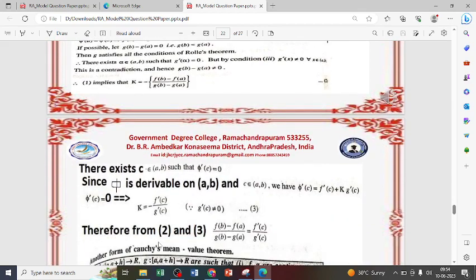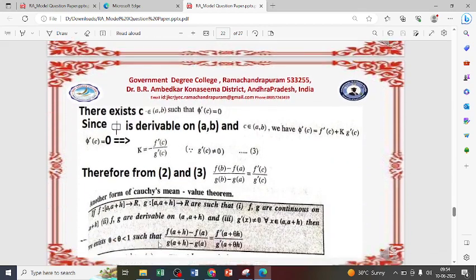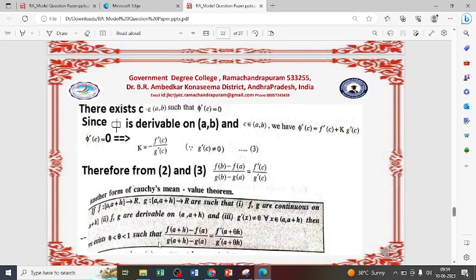Now definitely there exists c in the open interval (a, b) such that phi'(c) equals 0, since phi is derivable on the open interval (a, b). phi'(c) equals f'(c) plus k times g'(c), and because phi'(c) is 0, we have f'(c) plus k times g'(c) equals 0.